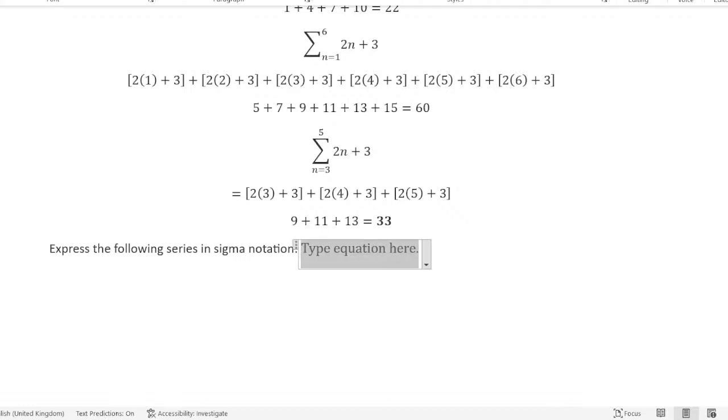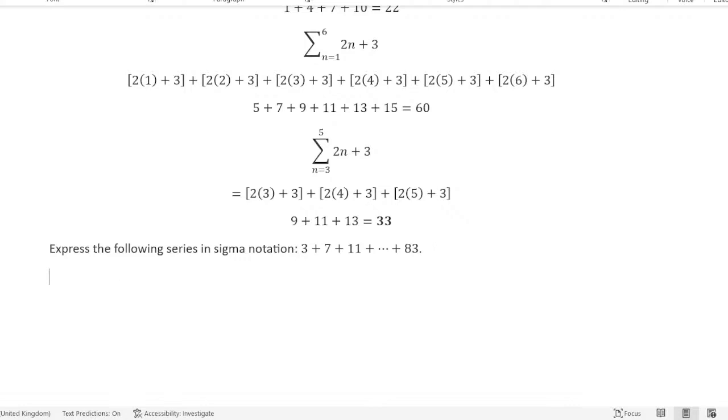Remember, when we talk about a series, the difference between a series and a sequence is that in a series we add them. So here we have 3 plus 7 plus 11 plus, it continues, then plus 83.